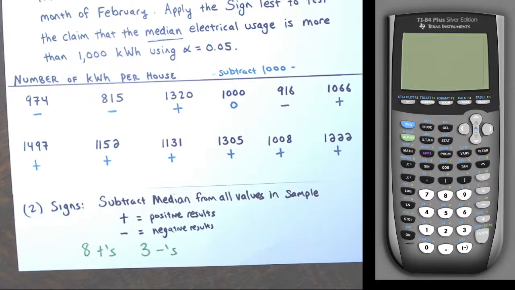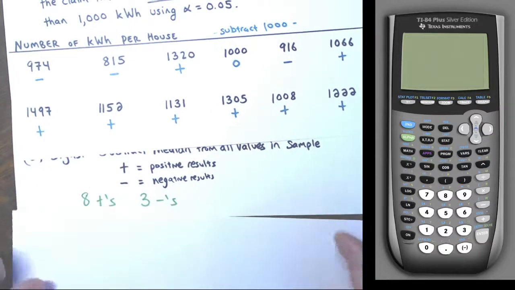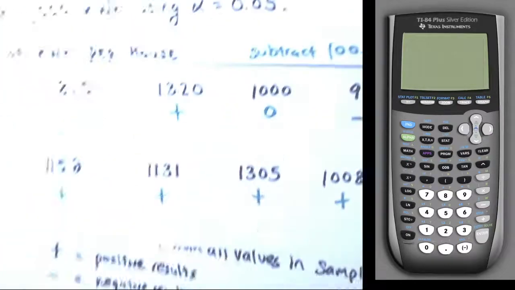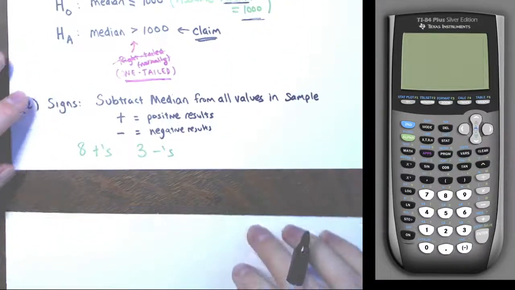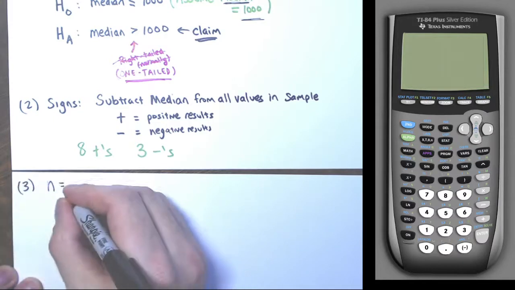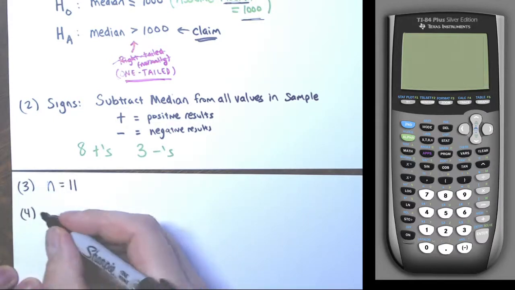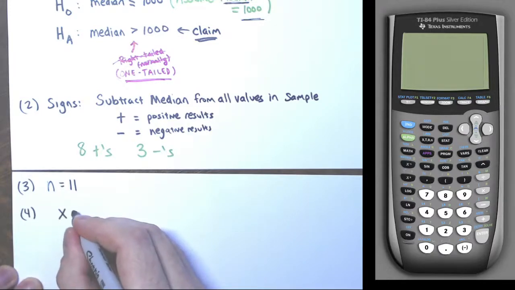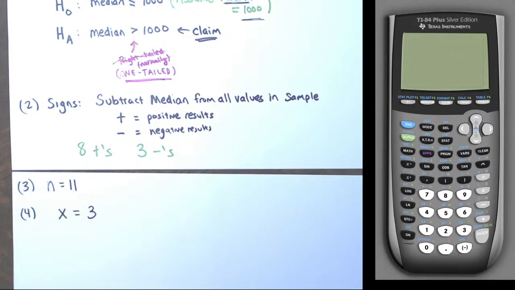So then the value of that n is 11. The value of n was simply the number of plus and minus signs that show up. So n equals 11. And then for our critical values, again, we find that x is 3, the less frequent of the two signs.